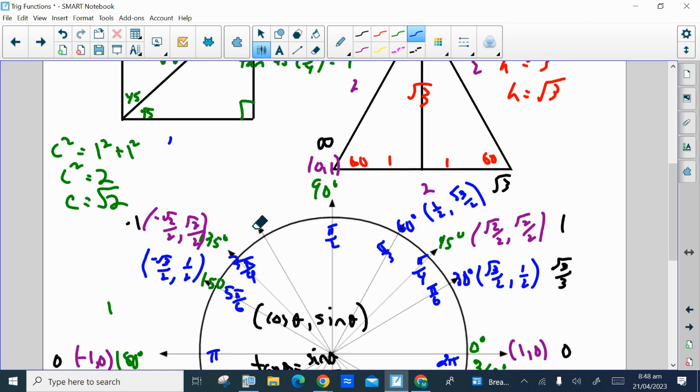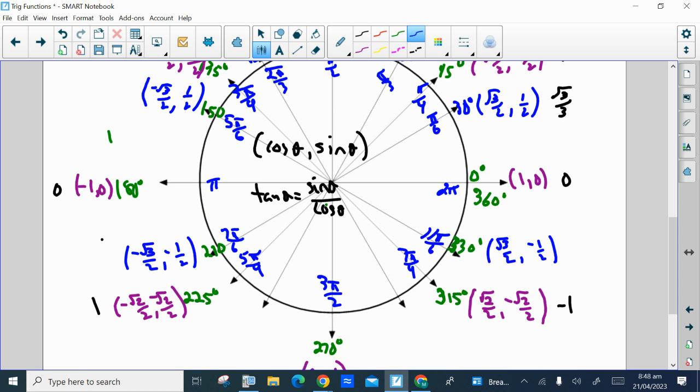Another 60 degrees takes us to 120 degrees, or 2 pi on 3. If we fill in the other ones, then we'll go back and put our coordinates in. This stop here is 60 degrees past 180, that's 240 degrees. Again, 180, or pi radians, would be 3 pi on 3. Another one will be 4 pi on 3. Another one will be 5 pi on 3, which is 60 degrees past 240, or 300 degrees.